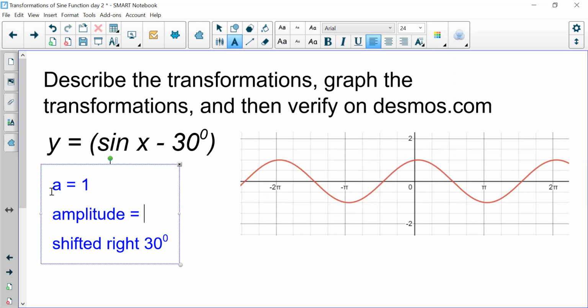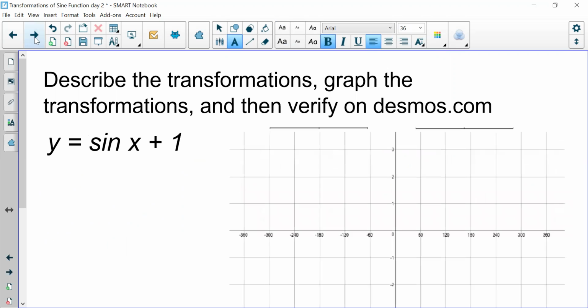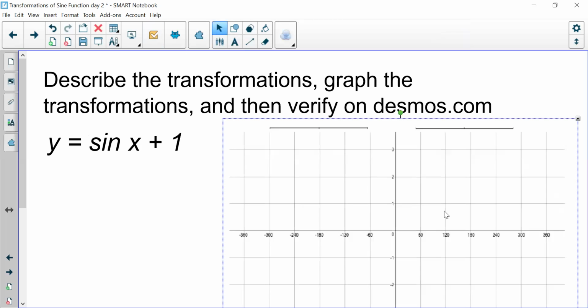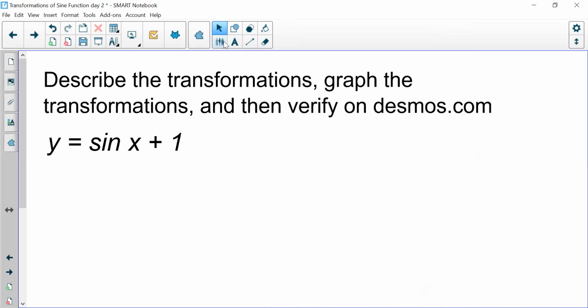And the only thing that's happened is it shifted right 30. Okay. So if it's in brackets with X, it's shifting it around on the X axis, left or right. What about this one? I have a +1 on the end. What do you think is happening with this one? Is that A, K, D, or C?